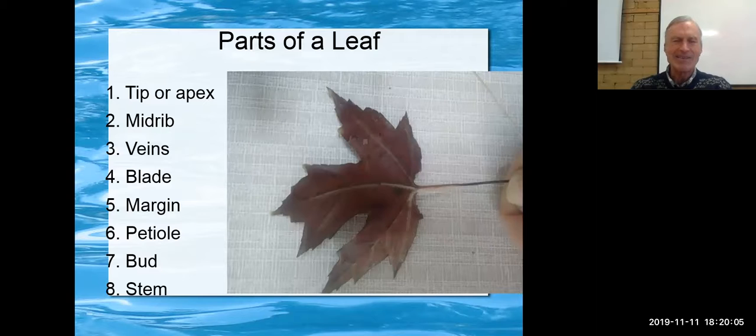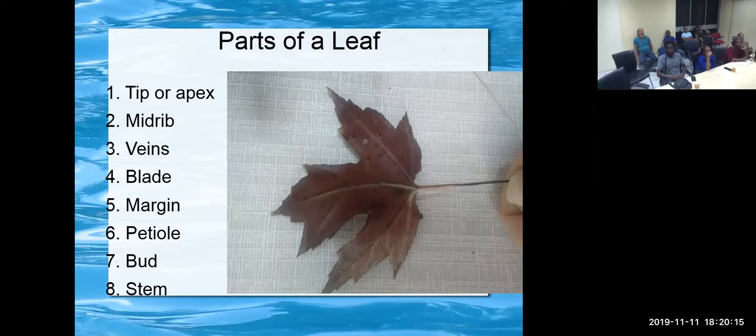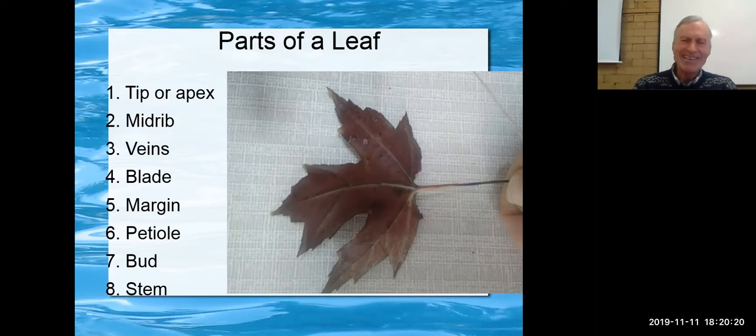So there's another leaf. Where's the tip or the apex of this leaf? There's more than one. Is there more than one tip, Steve? That's what it looks like, doesn't it? There's one main tip in the middle on the left, and then there's two other tips.